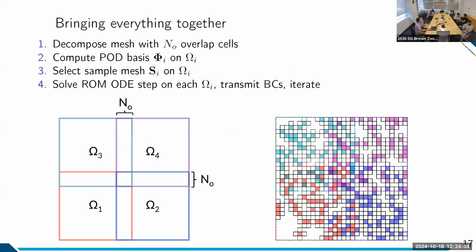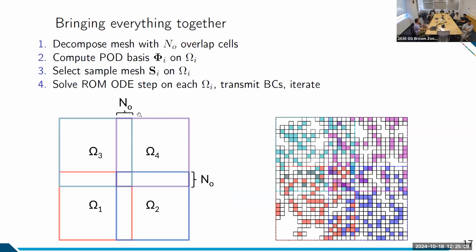And so how we bring this in with our Schwarz decomposition is very simple, very minimally intrusive again, is that you are decomposing your mesh with some amount of fixed overlap. We're going to restrict ourselves to uniform Cartesian meshes here, but again, you can choose an arbitrary depth of your overlap.